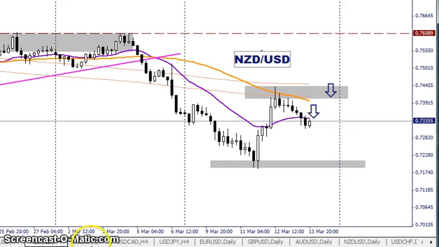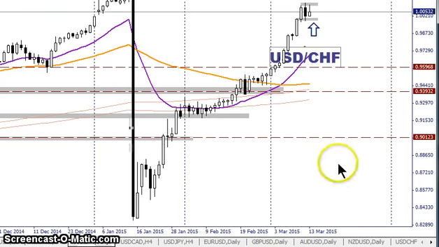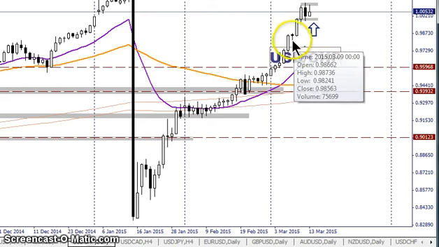Okay, so now we go to the USD Swiss franc. This is one pair, guys, I have mentioned has been one of the best pairs to be trading over the last few weeks. I just want to show you the daily chart. Ever since price broke above the 50 SMA, right over here, I've been in and out of this trade quite a number of times and made quite a number of pips.